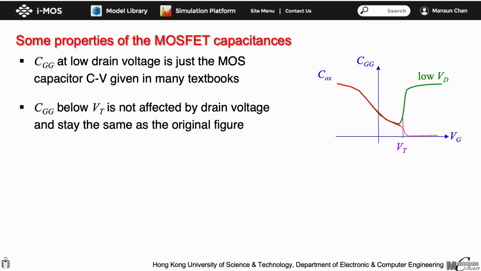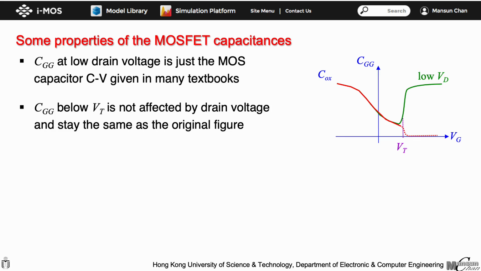When we apply a positive drain voltage VD, the capacitance below VT remains the same, as the charge is provided by the substrate terminal. That is, QG is just equal to QB, which is independent of VD. You may want to refer to the previous video for the corresponding charge-voltage relationship of a MOSFET. And CGG is just equal to CGB, while CGS and CGD are close to zero.